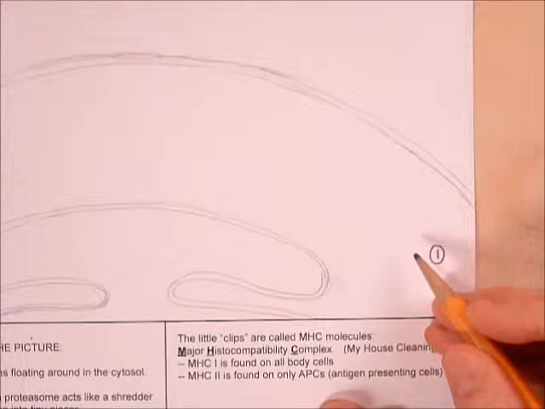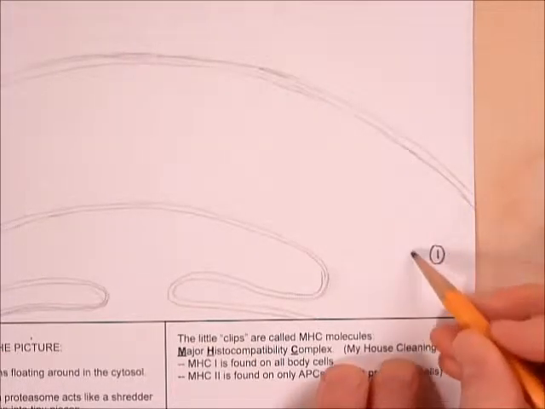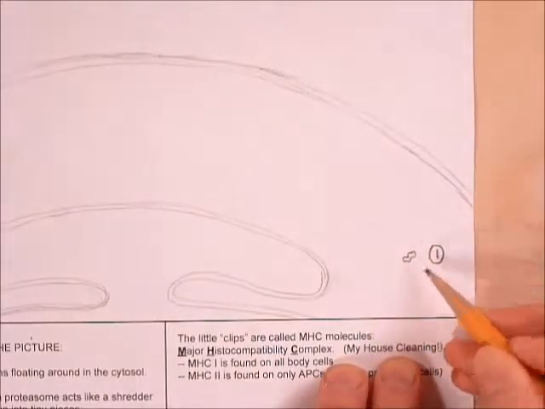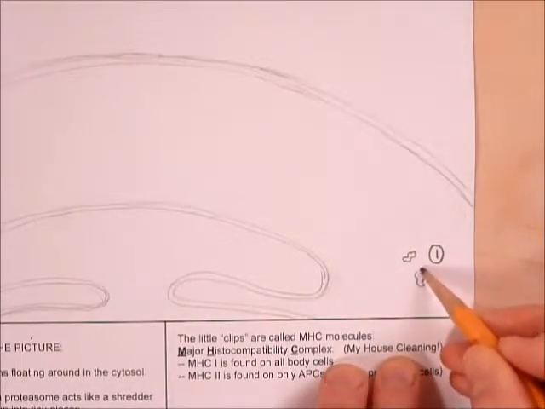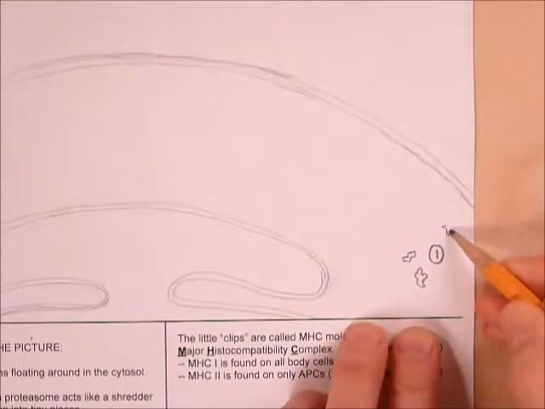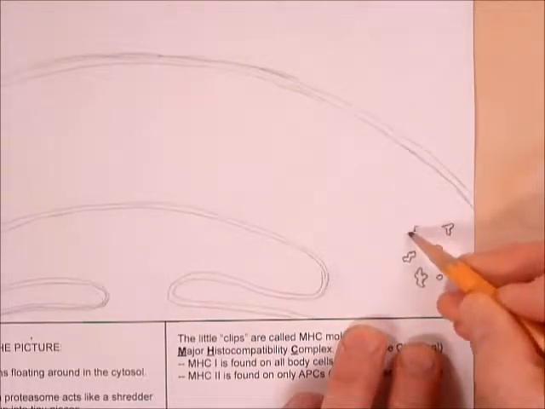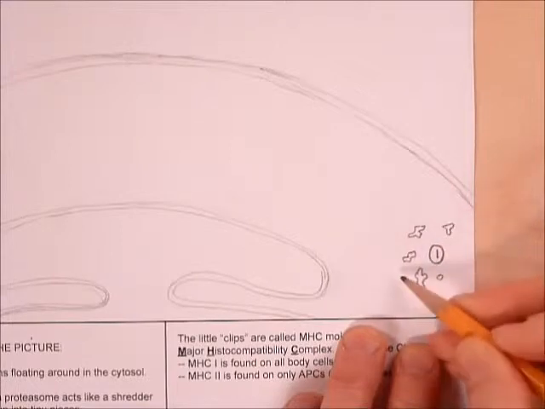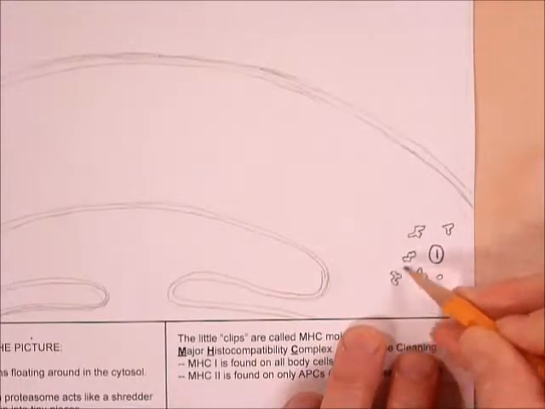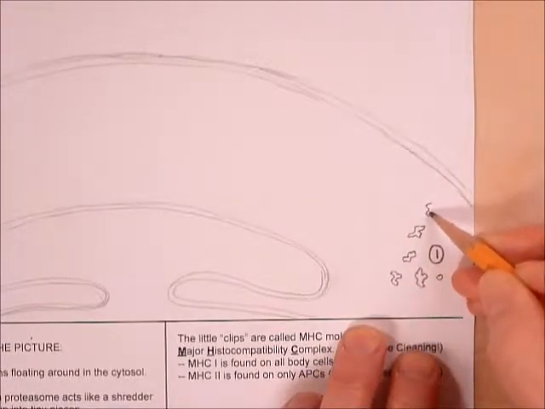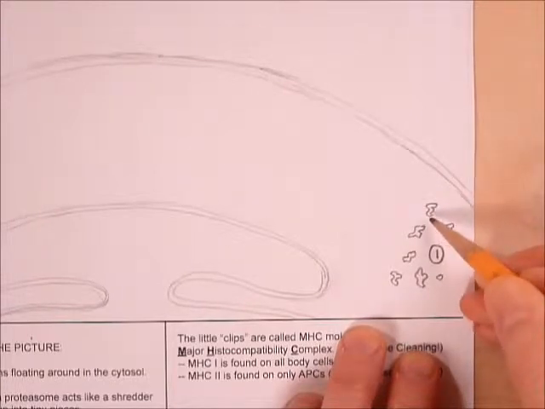And number 1 says, there are always proteins floating around in the cytosol. So let's just draw some little random proteins. Where might these proteins have come from? Well, maybe the lysosome digested some stuff. Maybe it's proteins that are waiting.